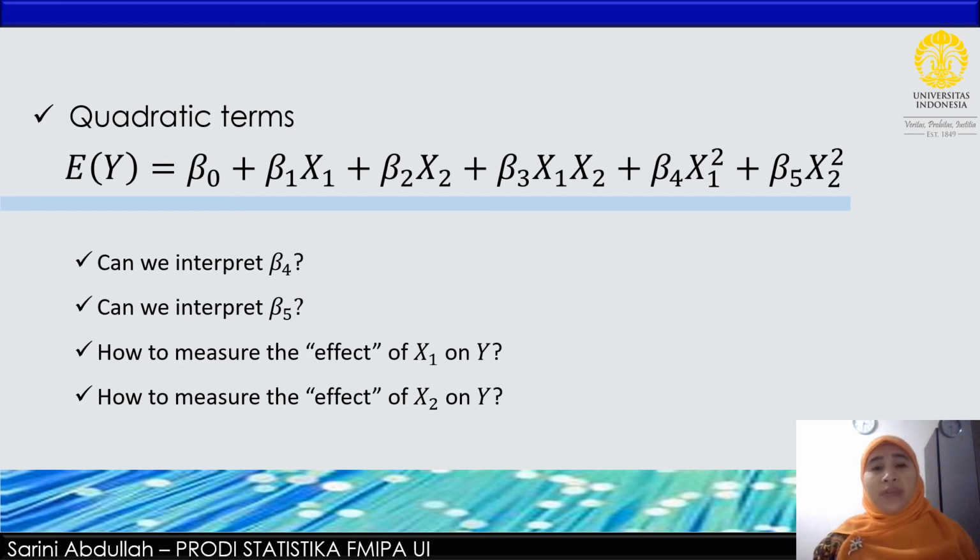You pick one value for x1, increase it by 1 unit, and then do a little bit of mathematical procedure to see whether you can interpret the betas separately, and whether the effect of x1 on y depends on x2 or not. This is your homework.